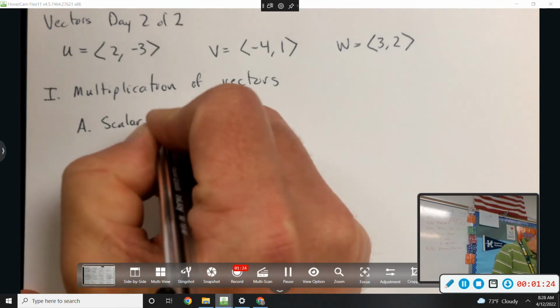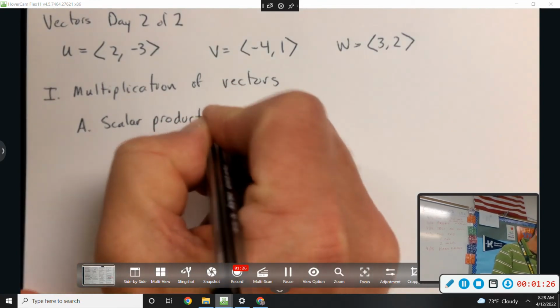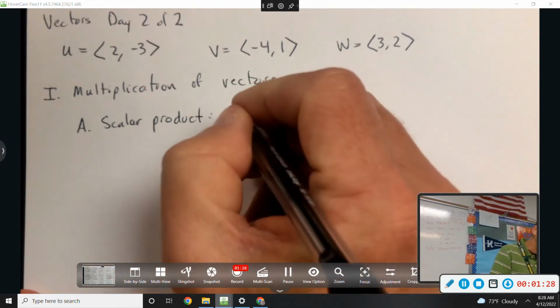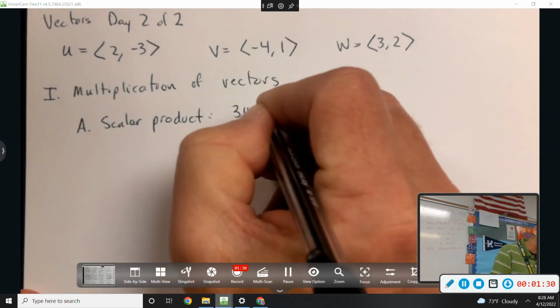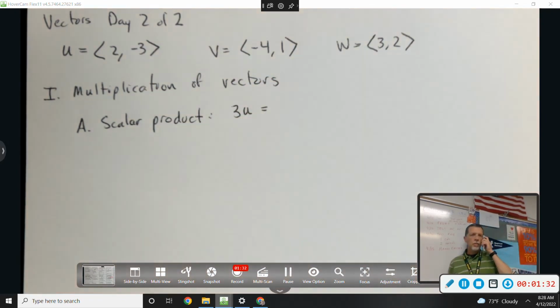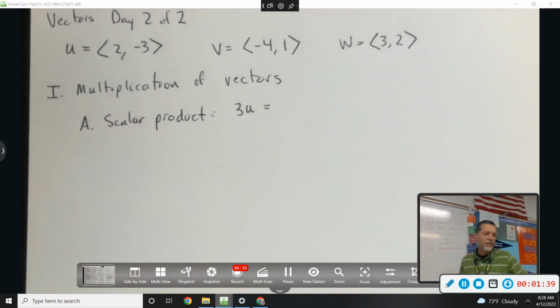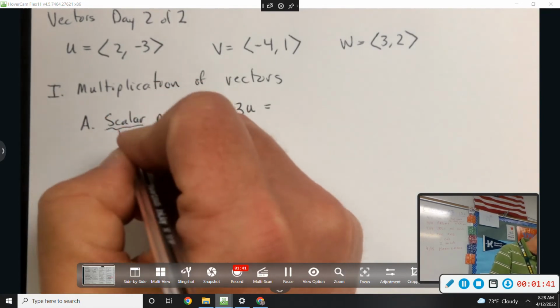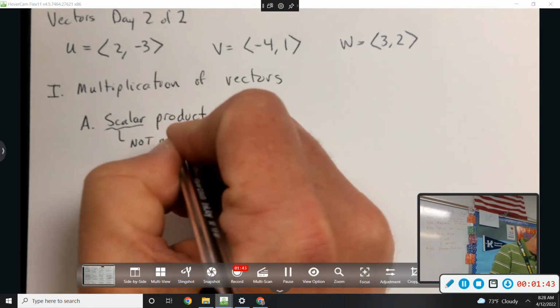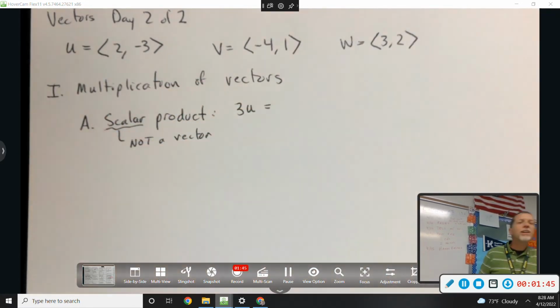There's a scalar product. This we've done before. This is what we did yesterday. You're multiplying a vector by a scalar. A scalar is basically a fancy word for not a vector. A scalar has magnitude but not direction.